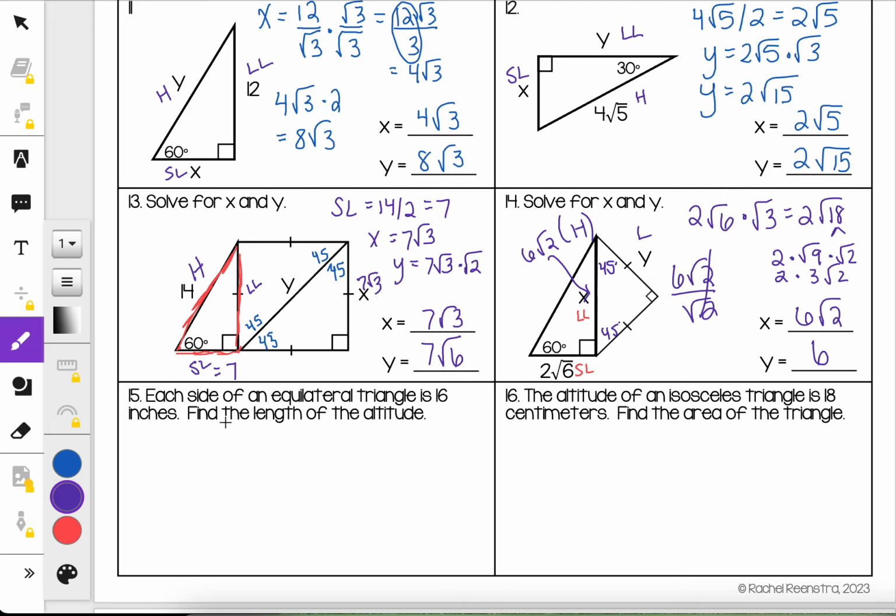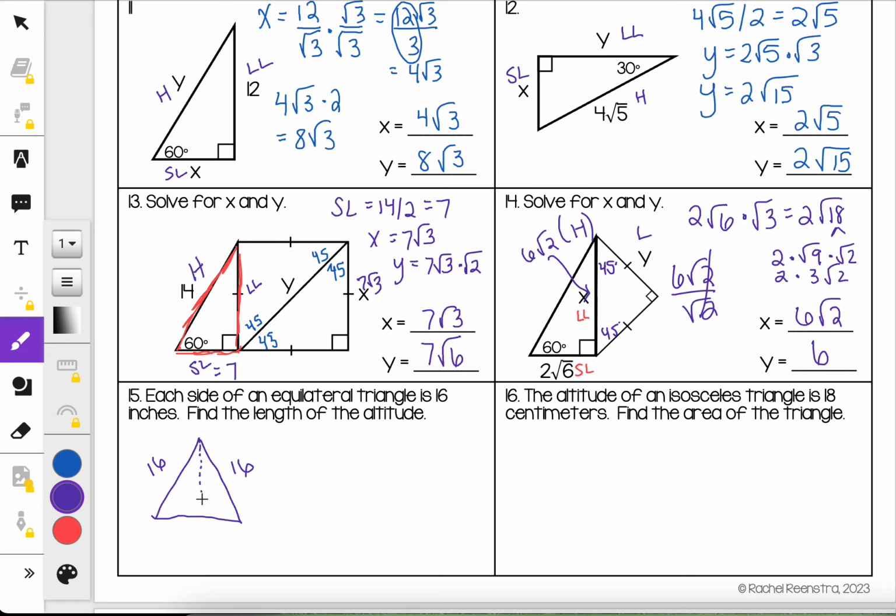Now, number 15 and 16 are going to deal with isosceles triangles. Not isosceles, it's an equilateral triangle. So each side of an equilateral triangle is 16 inches. So I have my equilateral triangle, each side is 16, and it says that I want to find the length of my altitude.